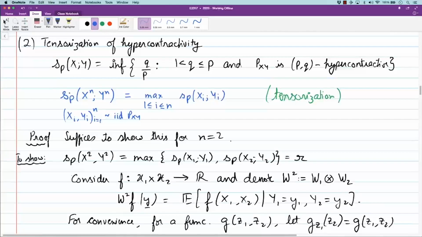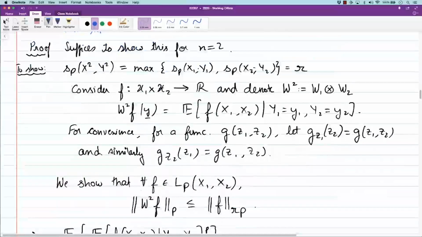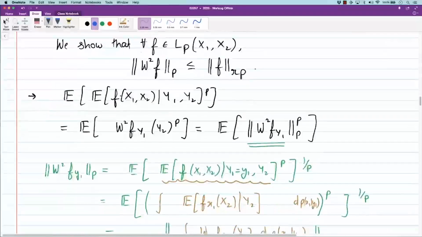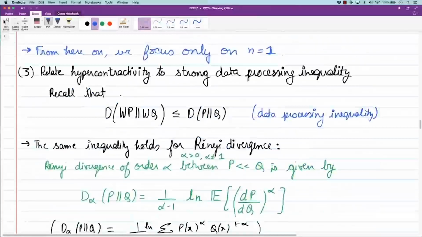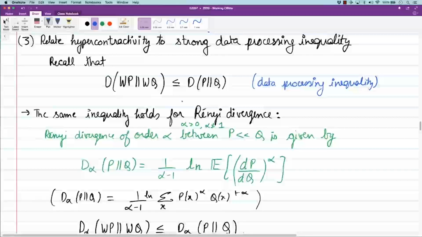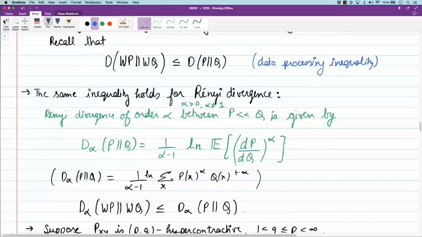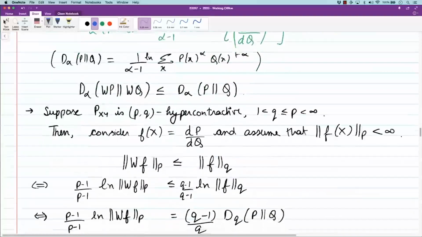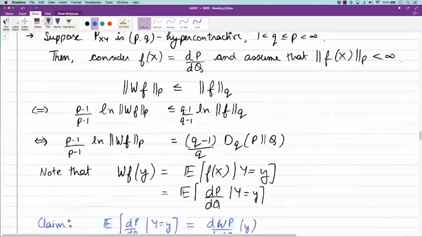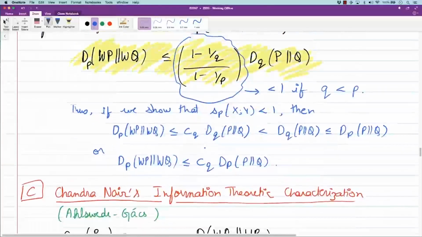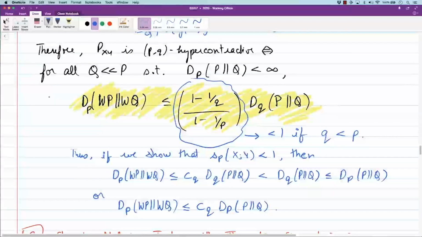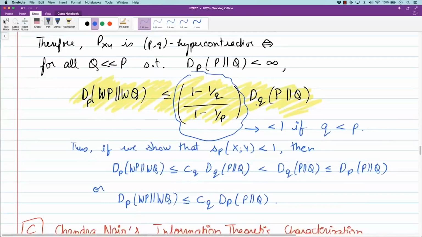So this is equal to s_p(X^n;Y^n) for independent and identically distributed (X_i, Y_i). We also saw the connection, in fact the equivalence, of this hypercontractivity with the strong data processing inequality for linear divergences. And finally we presented this equivalence, showing that this for all Q that have density with respect to P is equivalent to pq hypercontractivity.